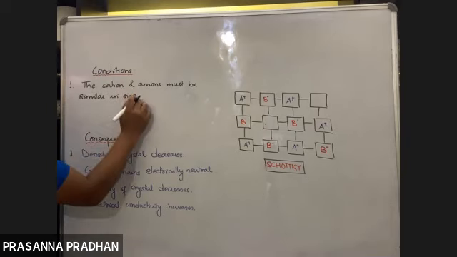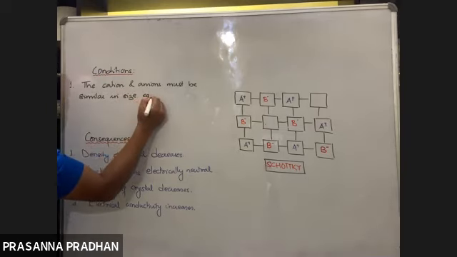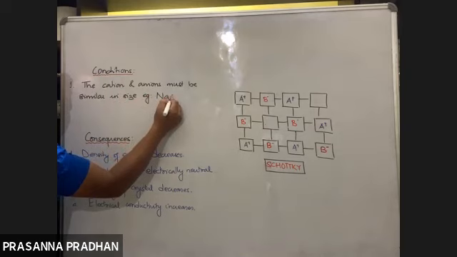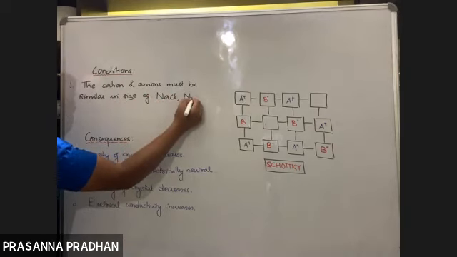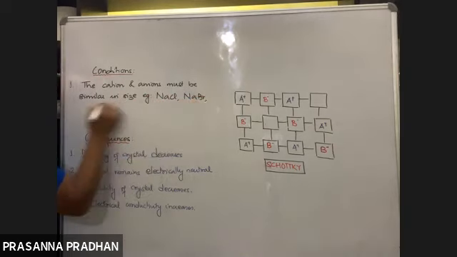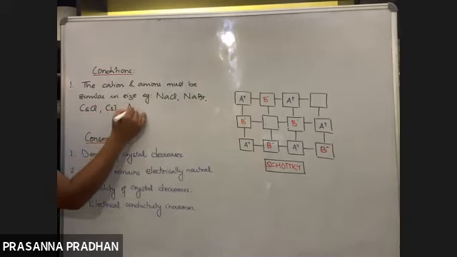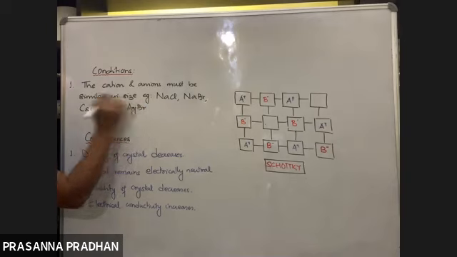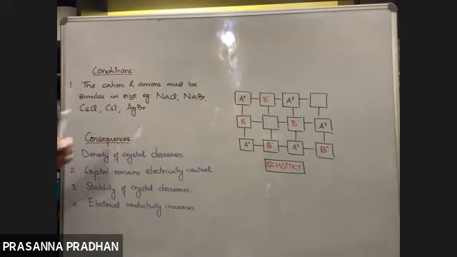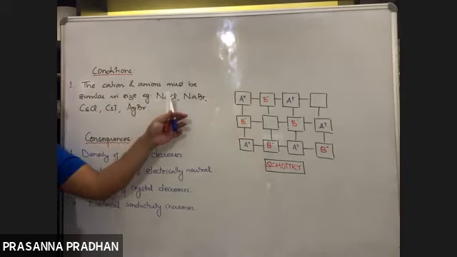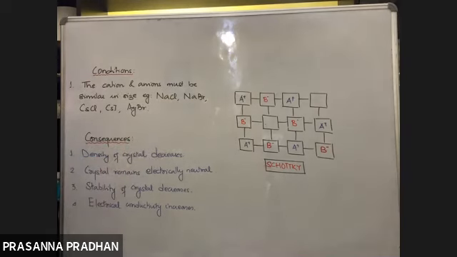For example, alkali metal halides. That's NaCl, NaBr, cesium chloride, cesium iodide, and AgBr. Underline AgBr. So here the size of sodium ion and chloride ions are similar, not same, obviously. Okay, so that is the condition here.